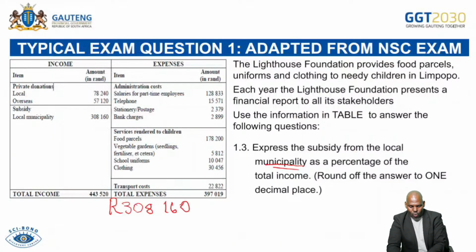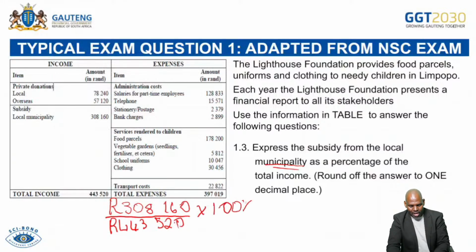Then they say we must express it as a percentage of the total income. For us to get a percentage, we must get a fraction first. So it's 308,160 over 443,520. There we've got a fraction. Now we want to write it as a percentage. Then we just multiply by 100%. After multiplying by 100%, please make use of your calculator. Let's see if we're going to get exactly the same answer.